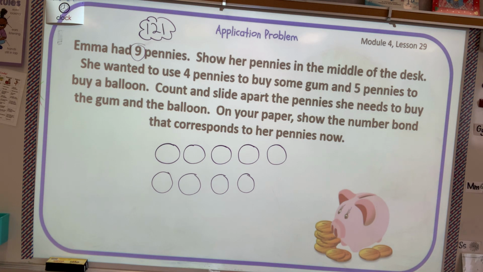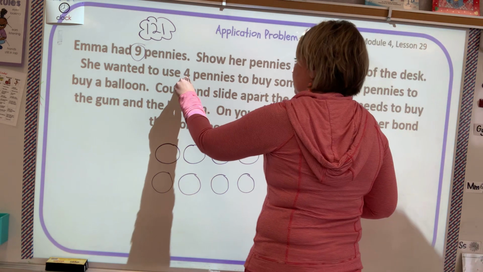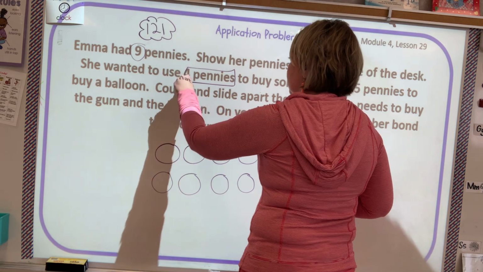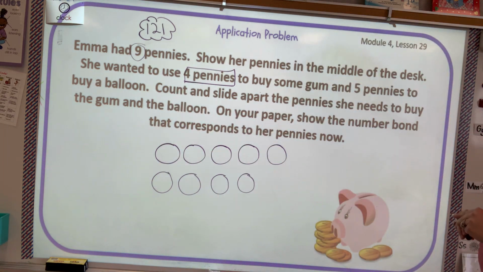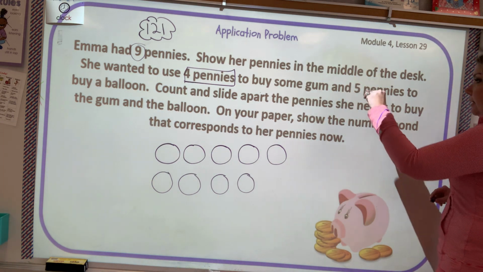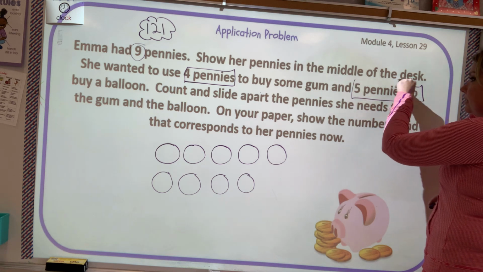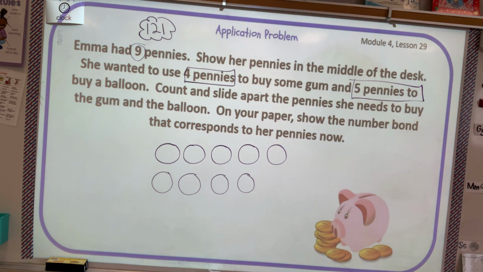She wanted to use 4 pennies to buy some gum and 5 pennies to buy a balloon. Slide apart the pennies she needs to buy the gum and balloon. I'm going to draw a line.